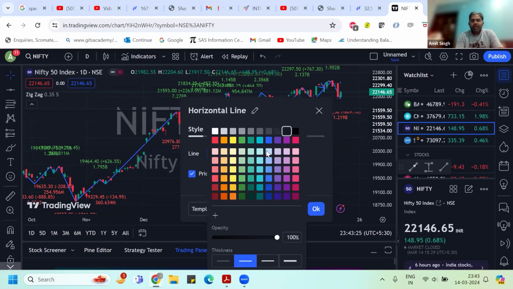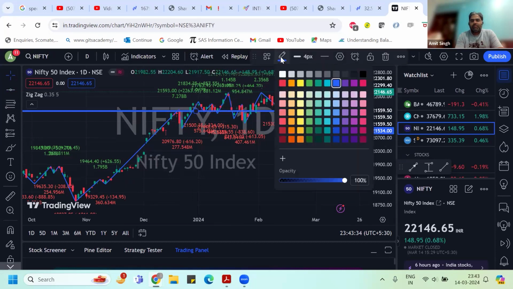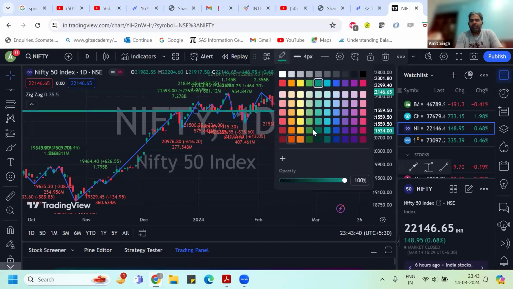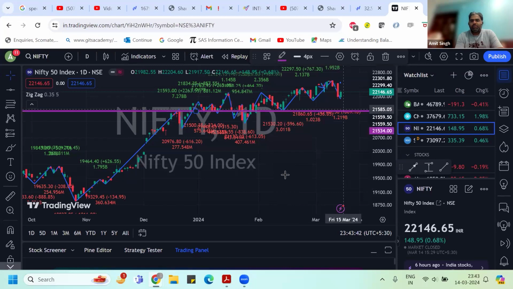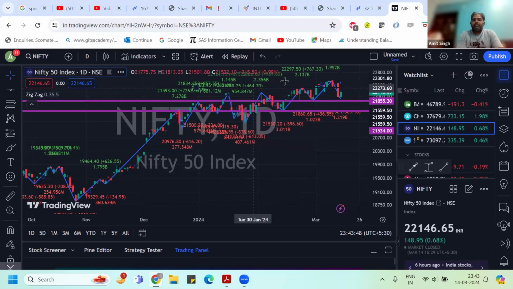Okay, this is black color, so that's why it's not coming. Let me just change this color, something like this, or green, or better, you can choose some other color. Fine. So like this, these were the crucial support and resistance. You can draw that.